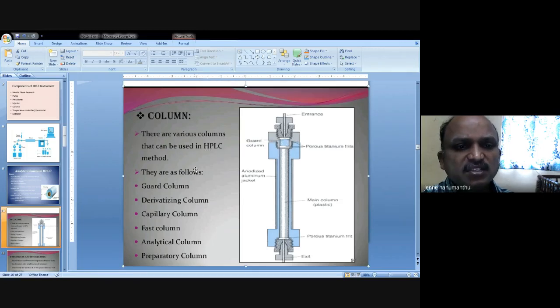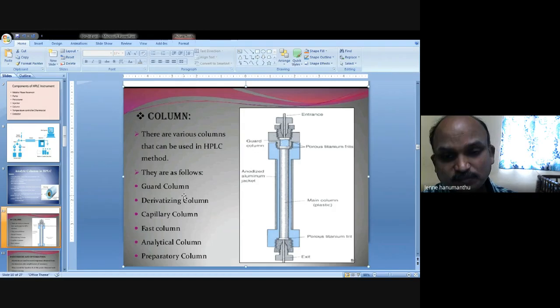There are various columns that can be used in HPLC. For this high pressure liquid chromatography, you can use different columns. Maybe a guard column. This is nothing but a guard column; the shape is like this.